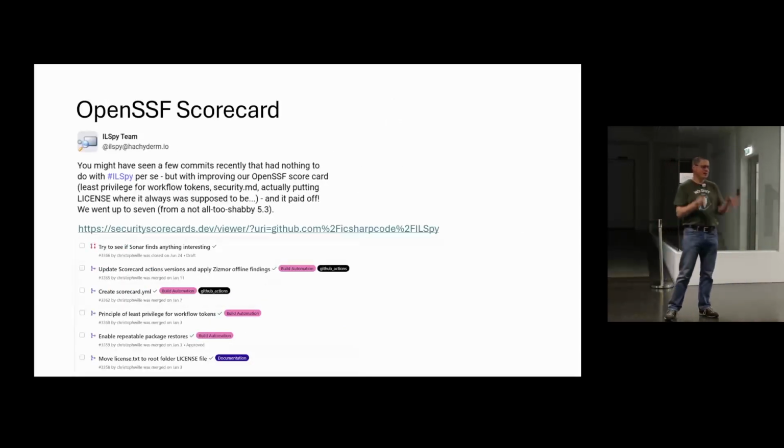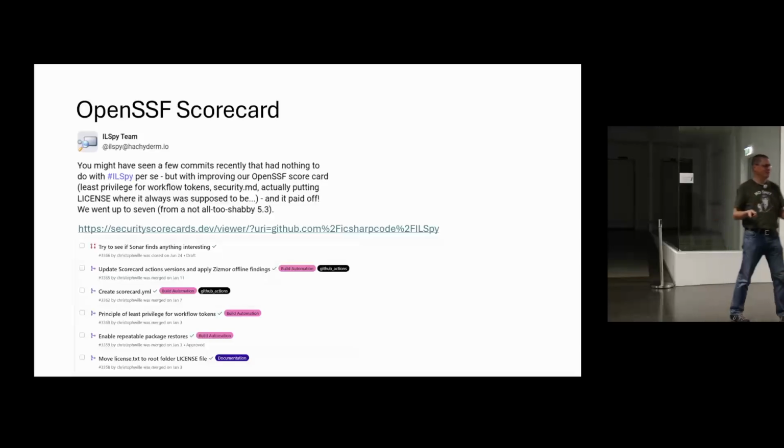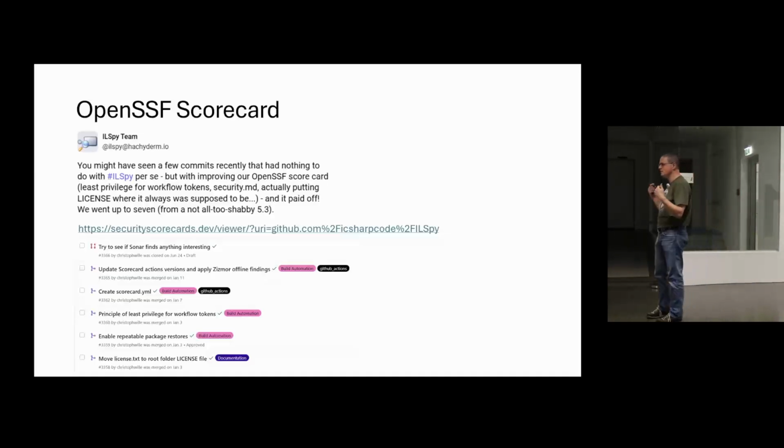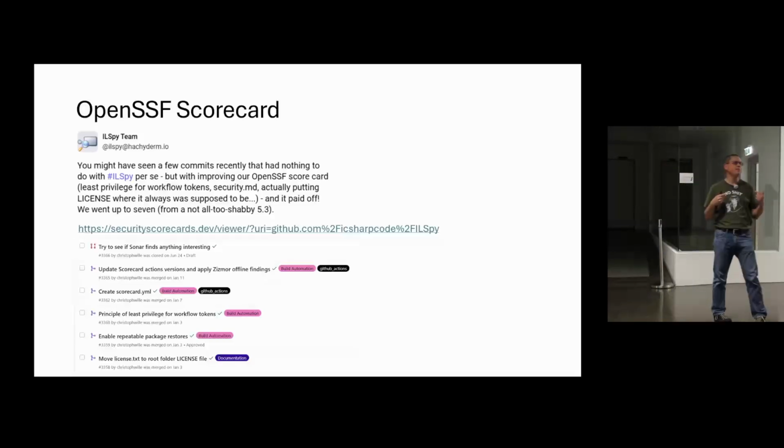Now, security, as I said, is important for us because we are included all over the place, and we keep improving security all the time. If you haven't heard of the OpenSSF scorecard, that is something to start looking into, because it gives you a couple of improvement hints on how you can step up security in your processes.